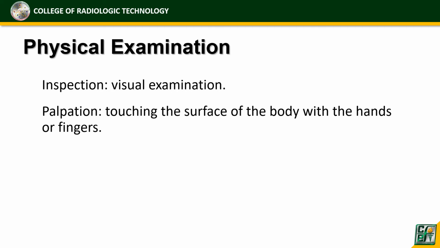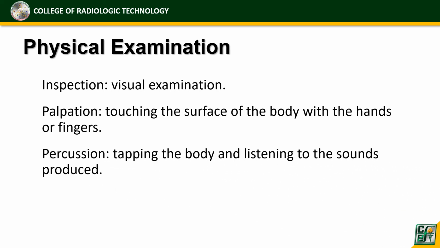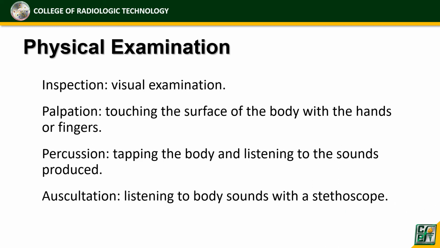During palpation, you should only touch the surface of the body with fingers or hands and no other movement. Just touch only. Then we have percussion, tapping the body and listening to the sounds produced. And lastly, we have auscultation, listening to body sounds with the use of a stethoscope.